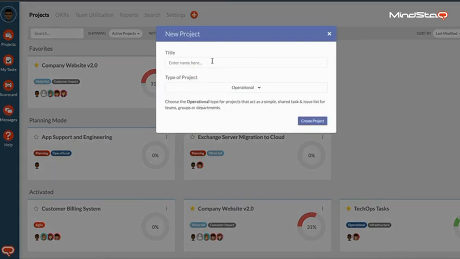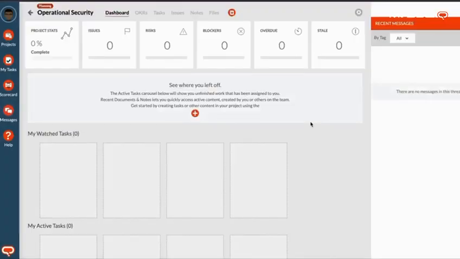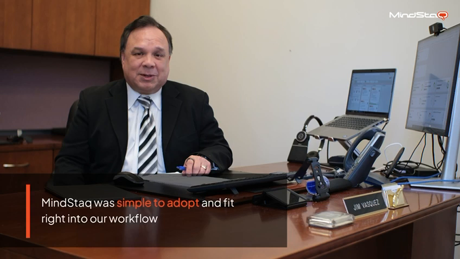So without having to create a very complex framework or platform for project management, which usually requires not only experience using those types of tools, but a certain amount of administrator expertise to keep a system like that up and running, you needed a solution that didn't require a high amount of effort to start up or to manage and maintain, and MindStaq fit the bill perfectly.